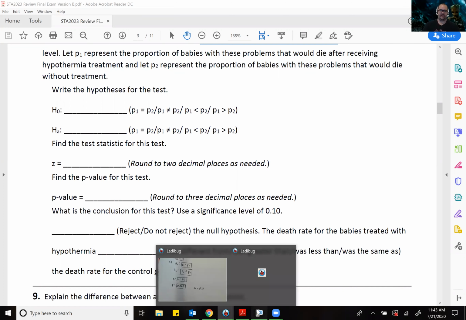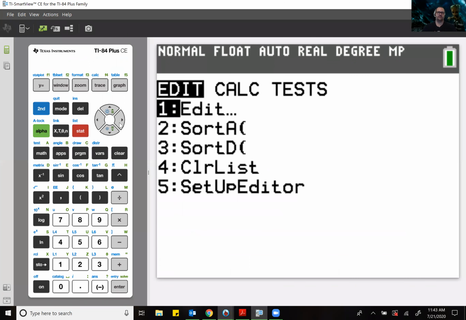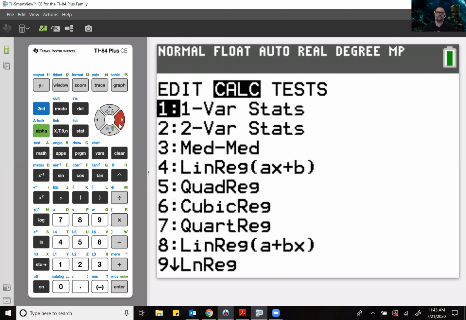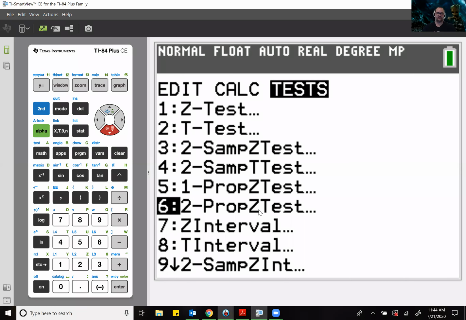Let's talk about if we did it on the calculator. In the calculator, you're going to go to stat, tests, because you're doing tests. You've got a 2-sample proportion z-test. Okay, this is the guy we're working with because it's proportions. So you hit enter.